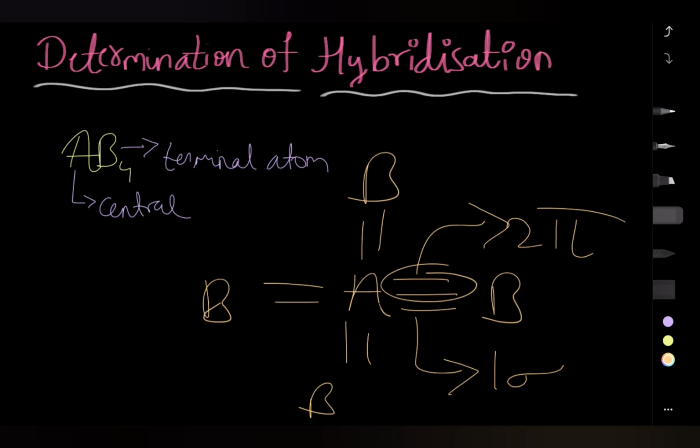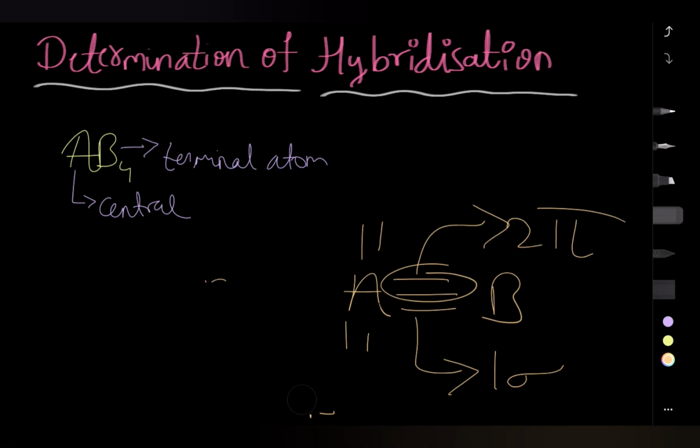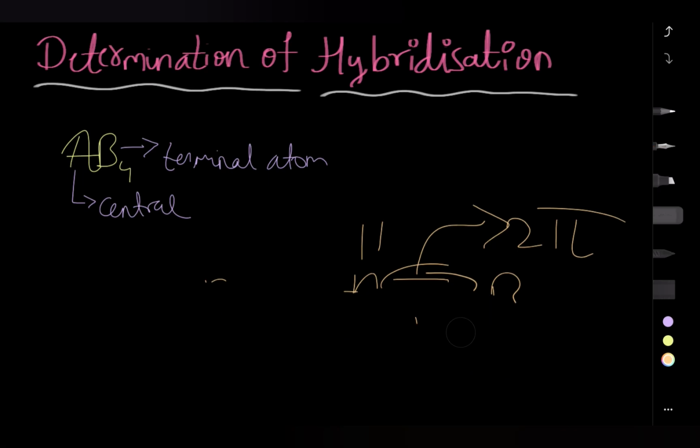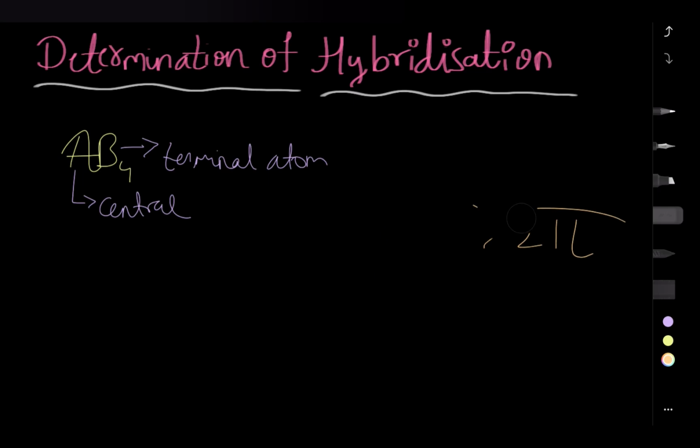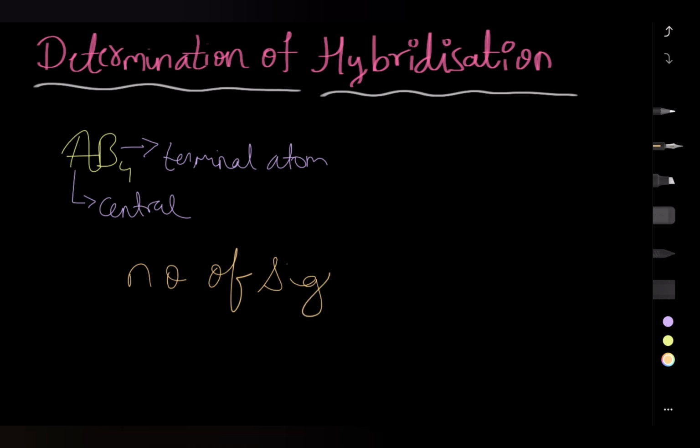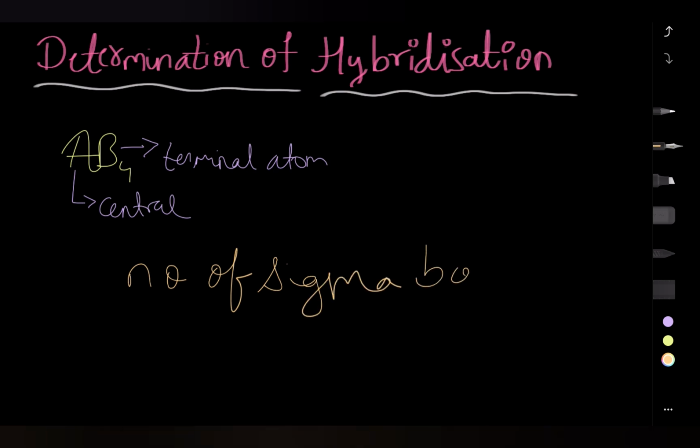After getting to know about sigma and pi, the concept is that in any molecule, the number of sigma bonds is always equal to the number of terminal atoms.